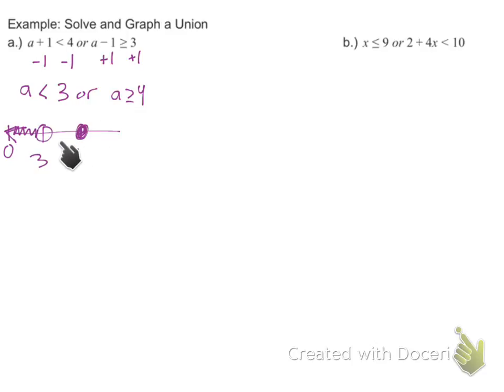No. So actually, it doesn't even work for either one of these. So even this point at 4, for this A is greater than or equal to 4, I wouldn't even shade on this side. That means I have to shade on the other. But we could test it with 5, or you could test it with 0. 0 is also not greater than or equal to 4. So I'm going to shade this way. And there's your graph.